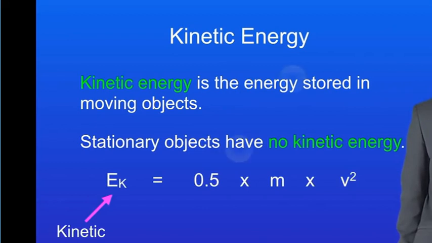So the formula for kinetic energy would be EK equals 0.5, and 0.5 is half. Maria, you asked why half v squared is the same as v squared over 2.